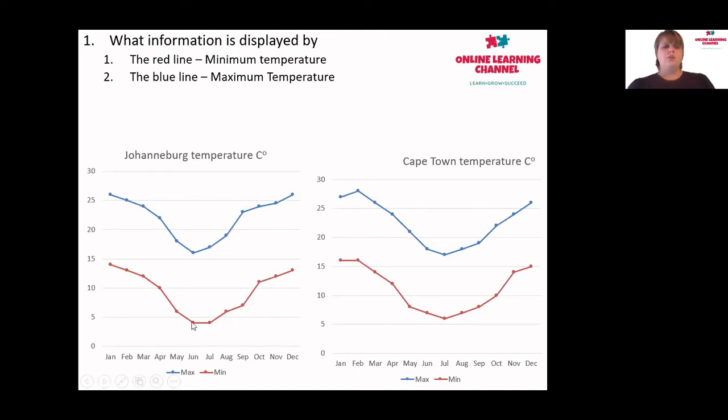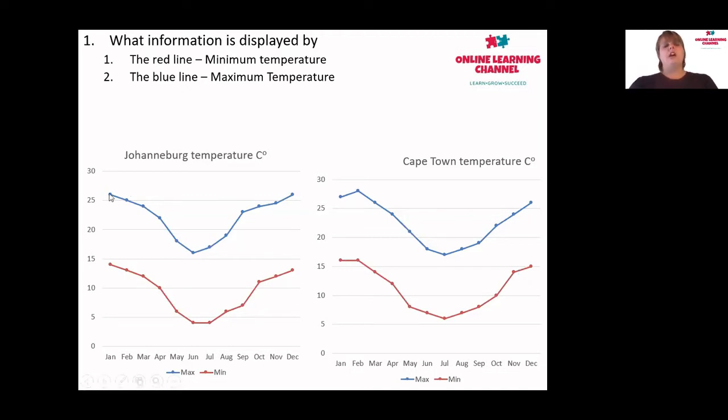In June it's way down at 4 degrees and it goes up again in December. It's exactly the same with Cape Town. It starts at 17, 16 degrees, goes down and goes up. So your red line will most probably represent your minimum temperatures, the temperatures at night, the low cold temperatures.